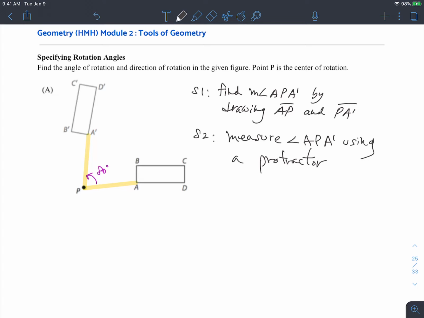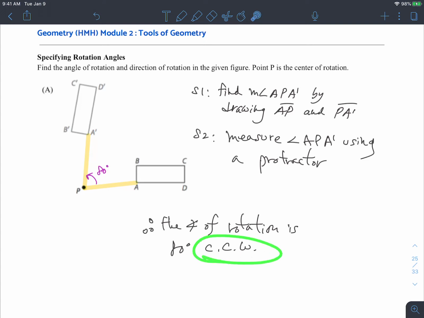And by doing so, therefore we see that the angle of rotation is 80 degrees counterclockwise. If I don't use the word counterclockwise, we're just going to assume that it is counterclockwise, but generally it's a good idea to use it. All right, guys?